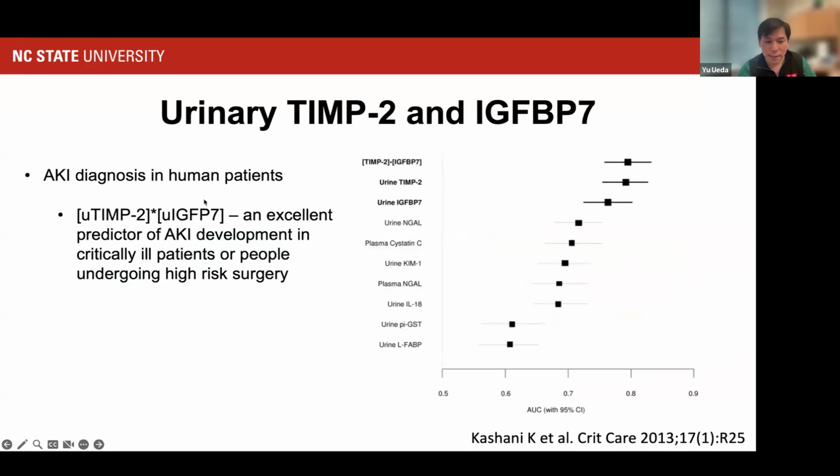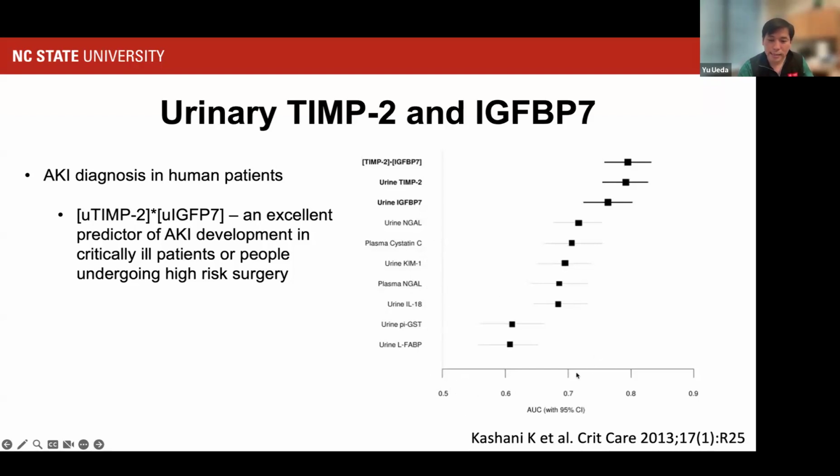And they found that the product of these two markers is an excellent predictor of AKI development in critically ill patients or people undergoing high-risk surgeries. And they compared to many other active kidney injury markers and functional kidney markers, such as urinary NGAL, urine KIM1, and cystatin C.